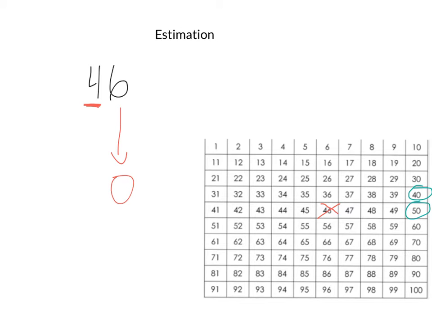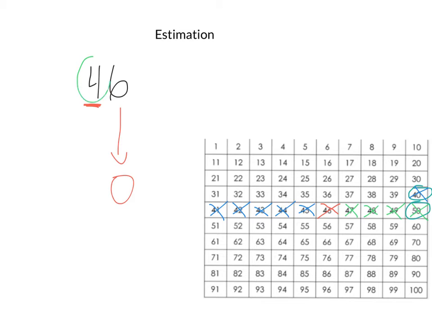If I go backwards, I go 1, 2, 3, 4, 5, 6 steps to get to 40. If I go forward, 1, 2, 3, 4. It's only 4 steps to get to 50.